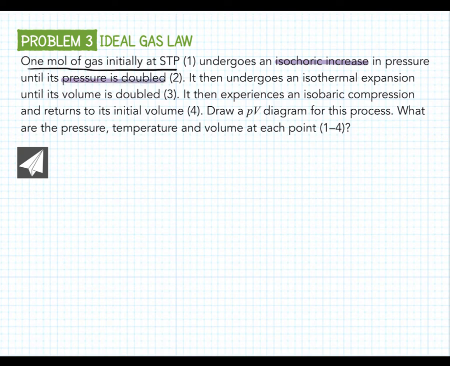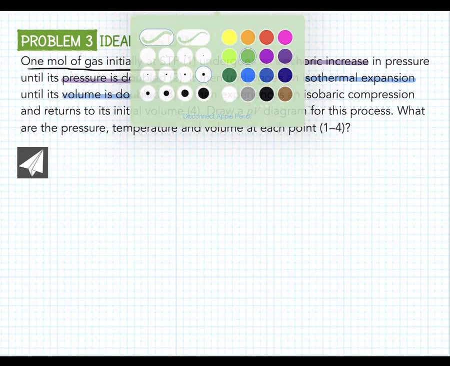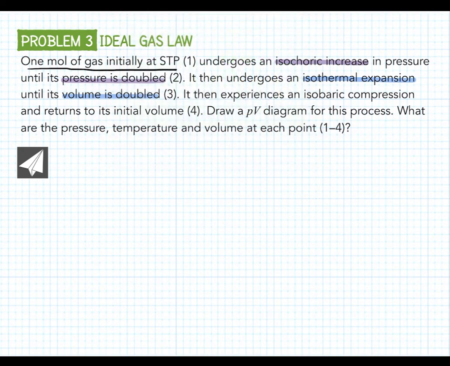It then undergoes an isothermal expansion, meaning the volume is getting bigger and the volume is doubled, but the temperature there stays the same. And then, last but not least, we get an isobaric compression, which means the pressure stays the same, and we return to our initial volume. So we have 3 transitions here: an isochoric, an isothermal, and an isobaric.